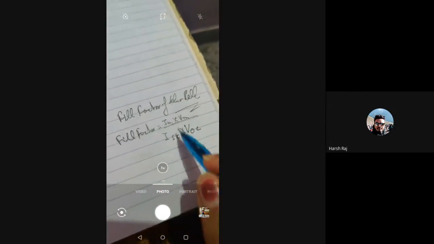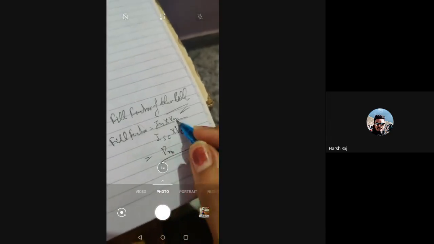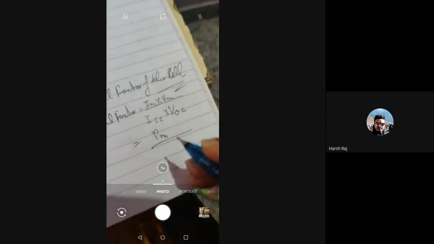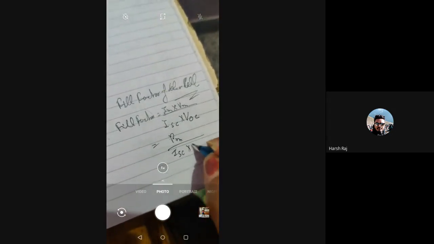The ratio of these two things will give you the value of the fill factor. VM into IM can be written as the maximum power. So this is how we can write the fill factor: the maximum power divided by ISC into VOC.